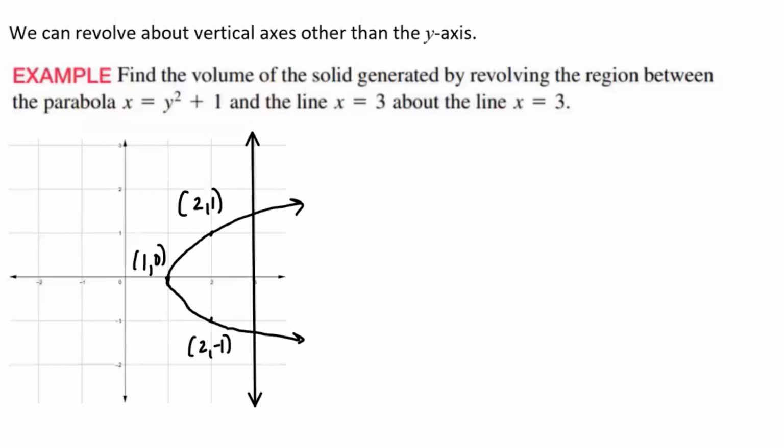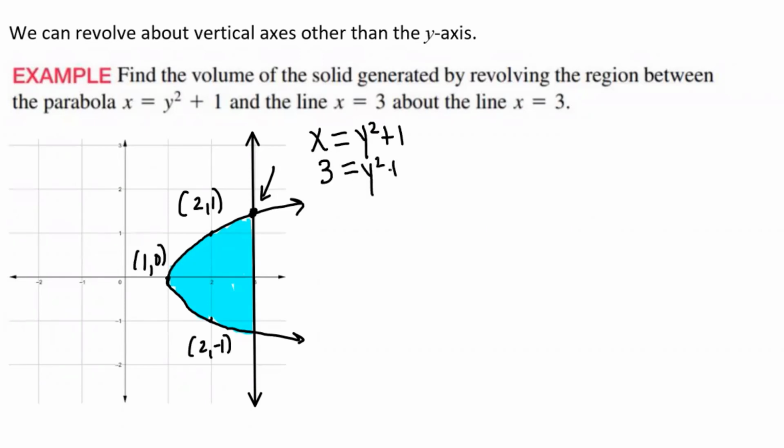And I'm going to shade the region that's between the parabola and the line. We know that intersection points are important. In this case, how would we find this intersection point here? We know that x is always equal to y squared plus 1, but x is 3 along that vertical line.